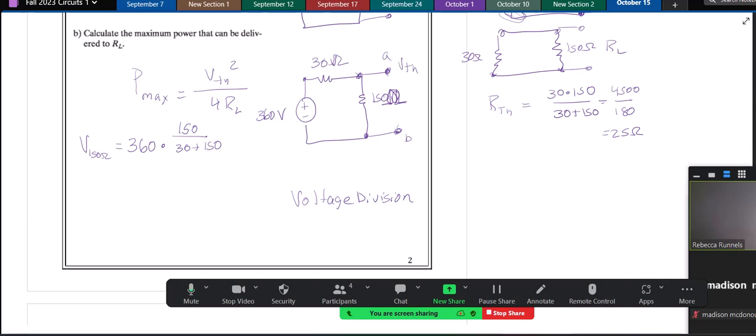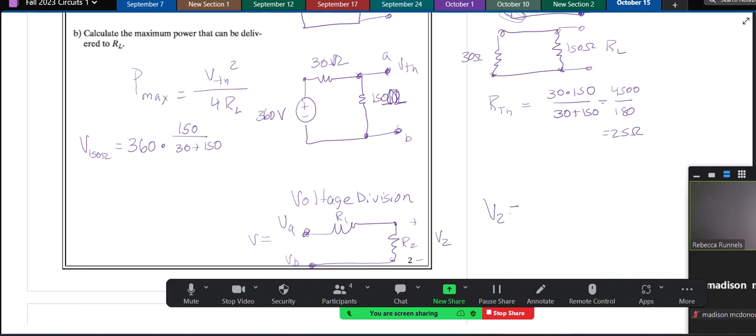If I have two resistors in series, like this, and I know the total voltage across both of them, VAB, I'll just call that V, and I'll call this resistor R1 and this R2, and let's say I'm looking for V2.